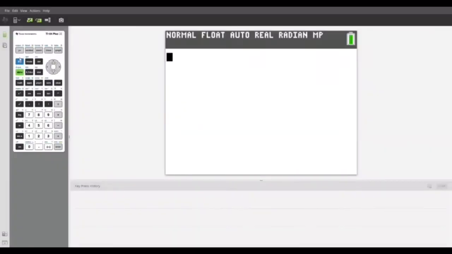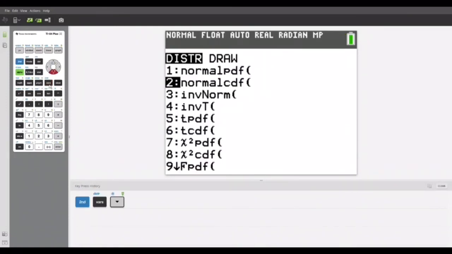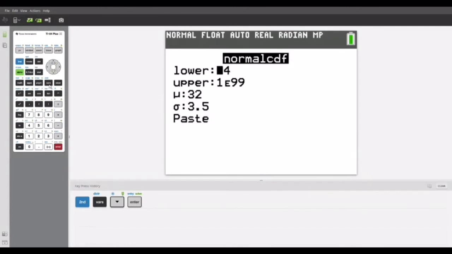We go to second, VARS, down to normal CDF, select enter. Your lower bound is 34, your upper is 1E99, your mean is still 32. However, our standard deviation now becomes 3.5 divided by the square root of our sample size, which for this one is 10.